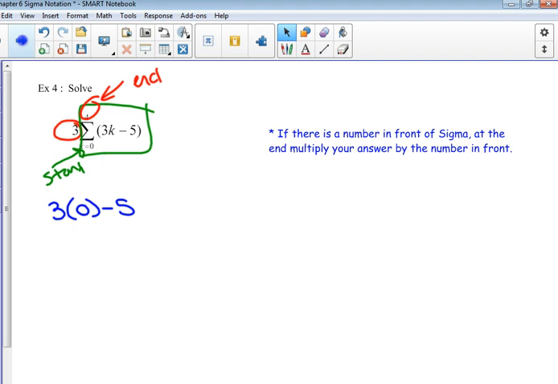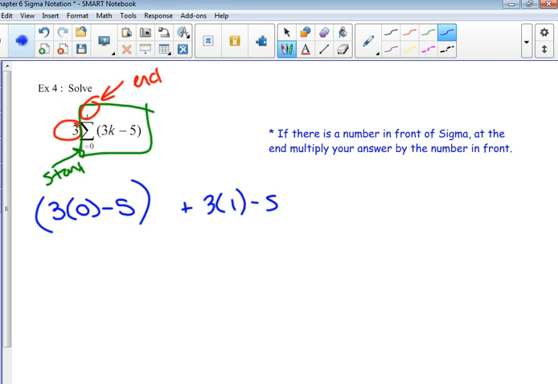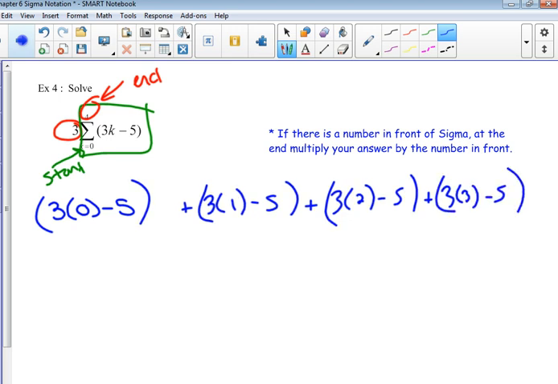Alright, so let's see what you guys got with all these. There's your 0. And then we've got to go to 4. Okay, so let's see what you guys got. When you did your first one, what was your answer? -5.